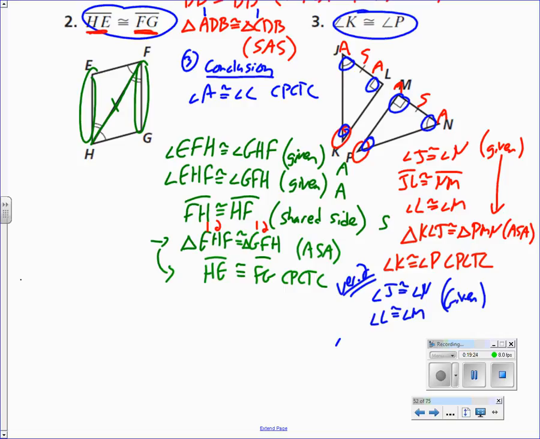And then go ahead and say that angle K has to be congruent to angle P because of the triangle angle sum. So that's a little bit shorter way.